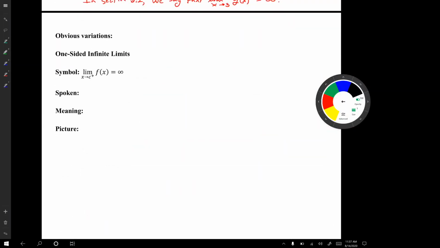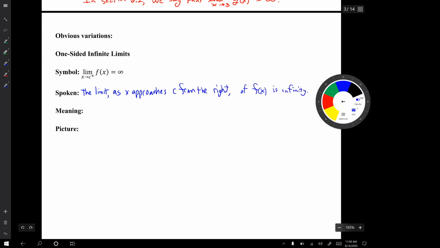All right, there are obvious variations on this kind of terminology. First of all, what I would call a one-sided limit. That is, the limit as x approaches c from the right of f of x is infinity. What would that mean? Well, it would mean the obvious thing.